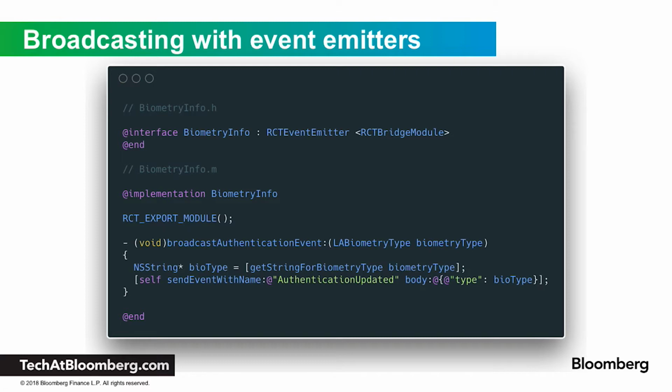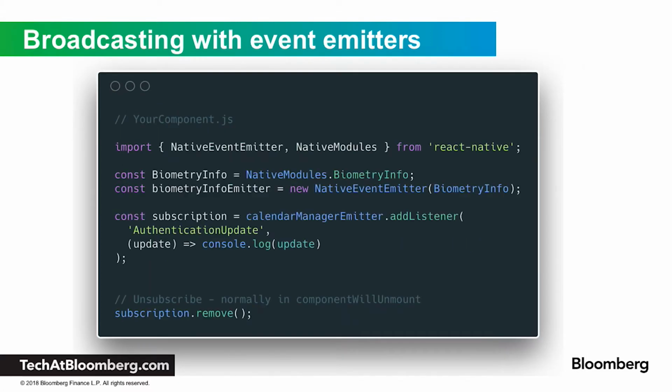So say you want to monitor whether the users change their fingerprints and you want to wipe some data or something because you can't trust that their fingerprints are the ones registered on the phone anymore. So that's an example of something you might want to do. If we want to use this in JavaScript, we just need to also import native event emitter, and then we set up a new native event emitter that takes in our module, and we subscribe to it, and I've put the wrong name in there.